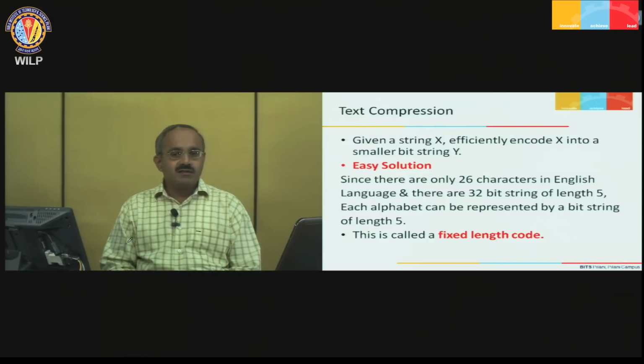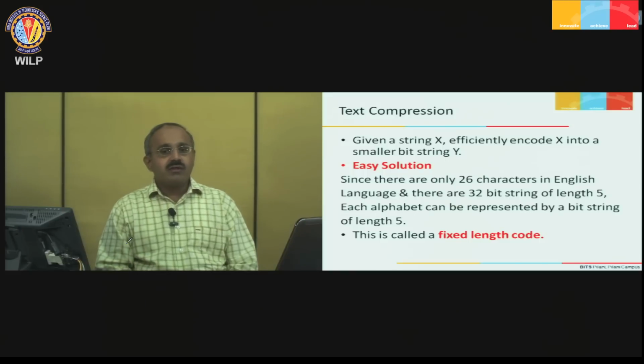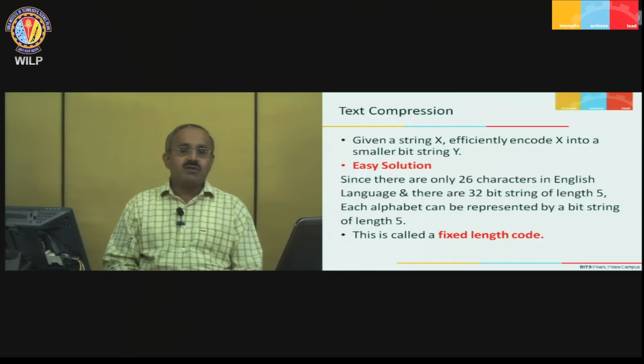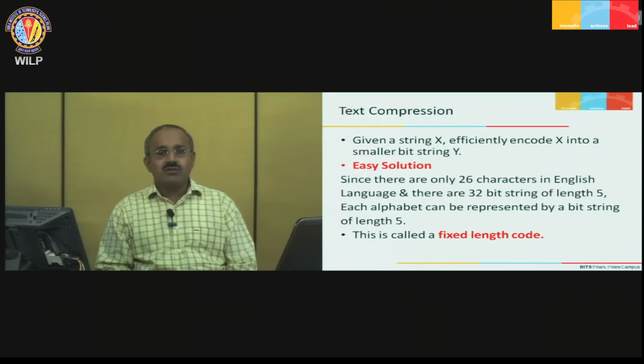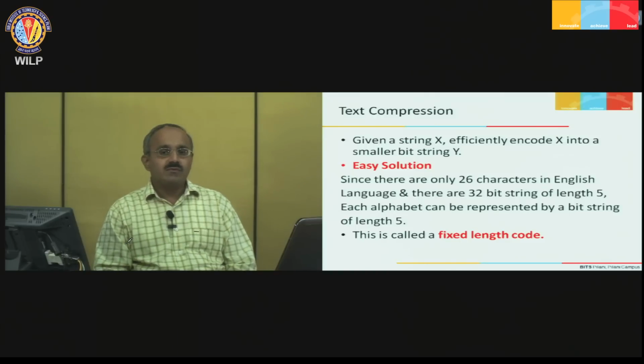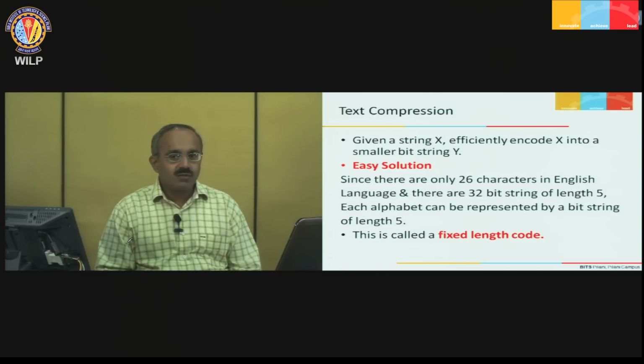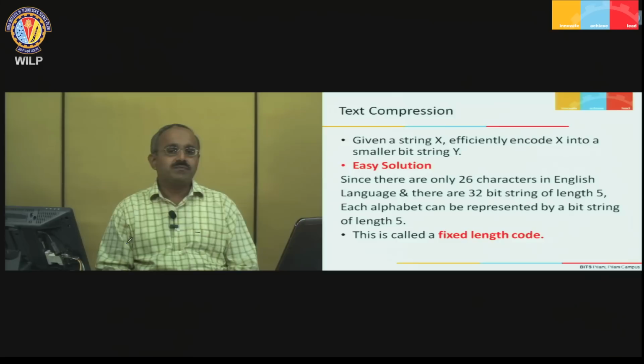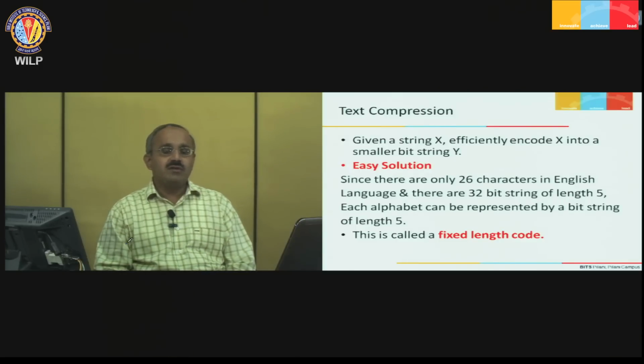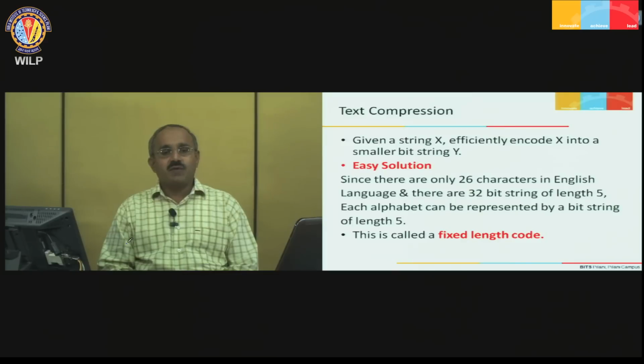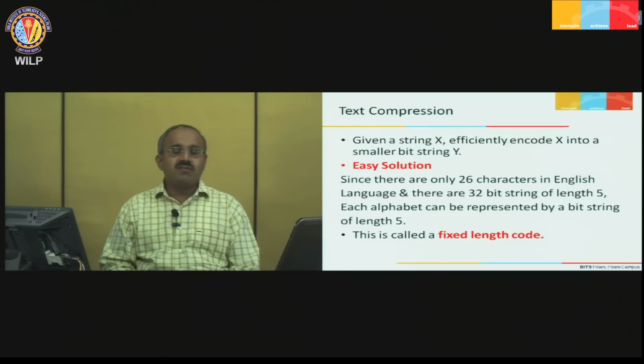If you look at English language and encoding into bit strings, there is a very simple brute force solution. We know that there are only 26 alphabets or characters in the English language, and if you use 5-bit strings, then we know we can have 32 distinct such 5 length bit strings. So, each alphabet can be represented by a bit string of length 5.